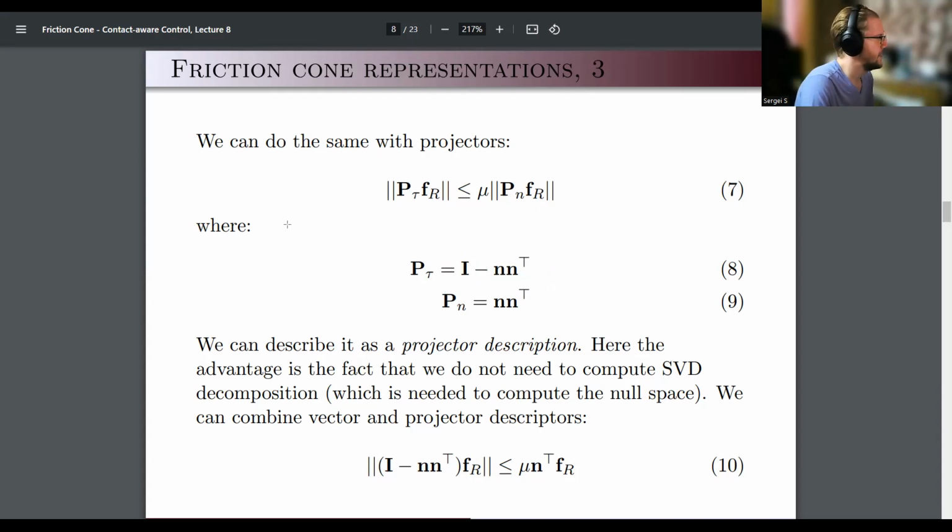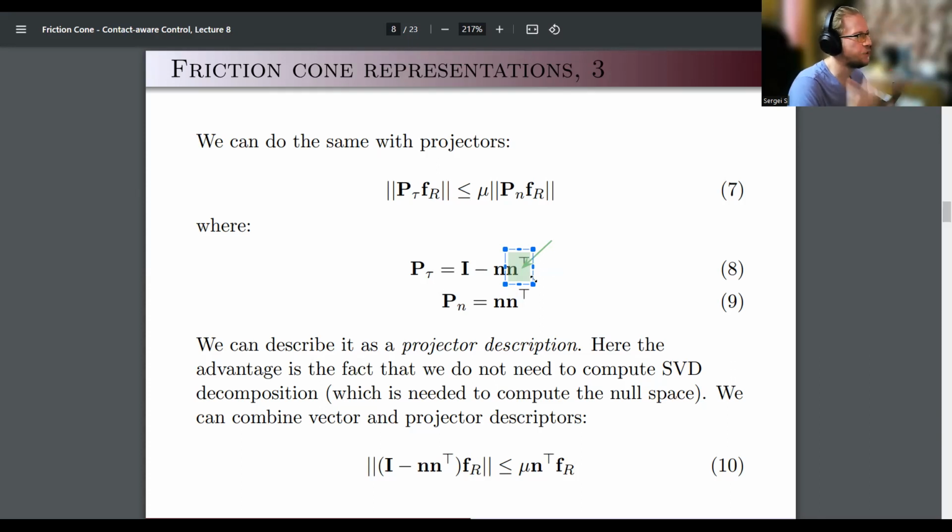There is another way, and it is equally profitable, so please pay attention to the second explanation as well. Let's consider what happens when you multiply FR by this vector here, n transposed. What we get is what we also call a projection.